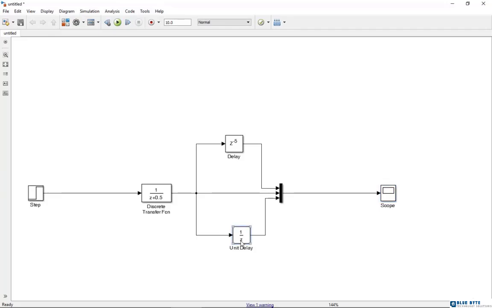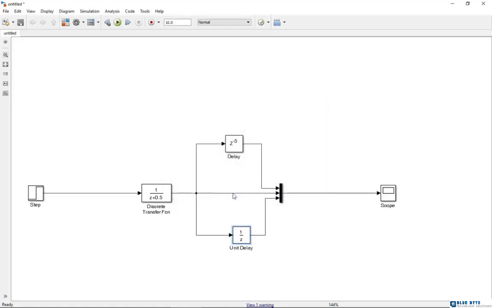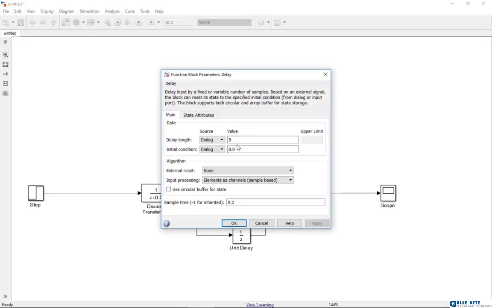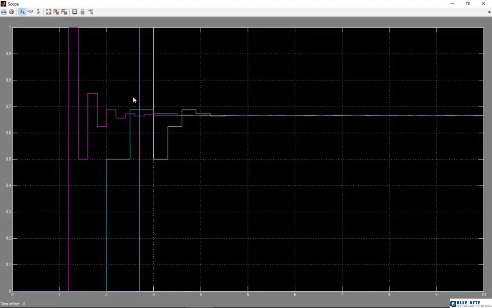The point about this system is that you can choose a variable sample time for delay. For example, I set it 0.5 and this one 0.3 around the simulation. Okay, now it has gone forward for 5 units.